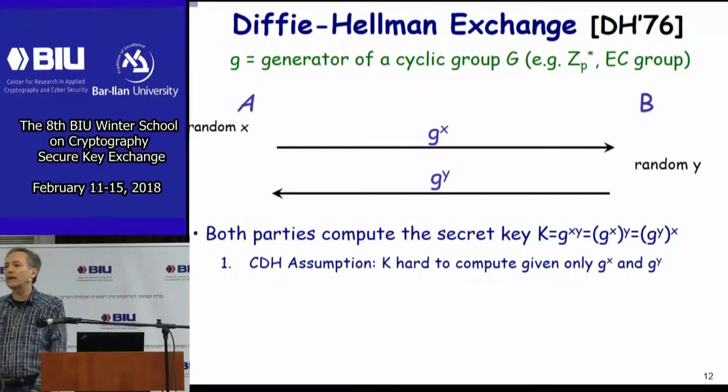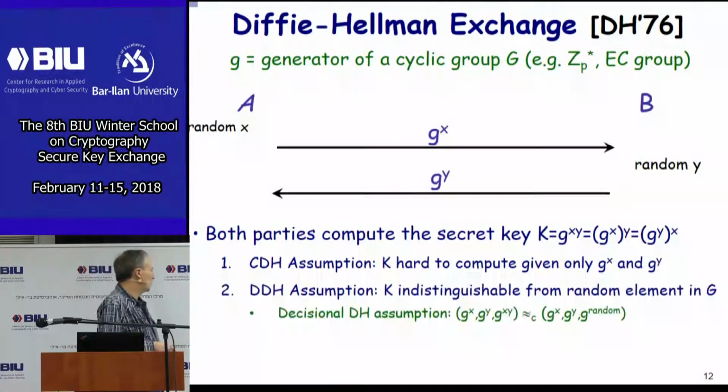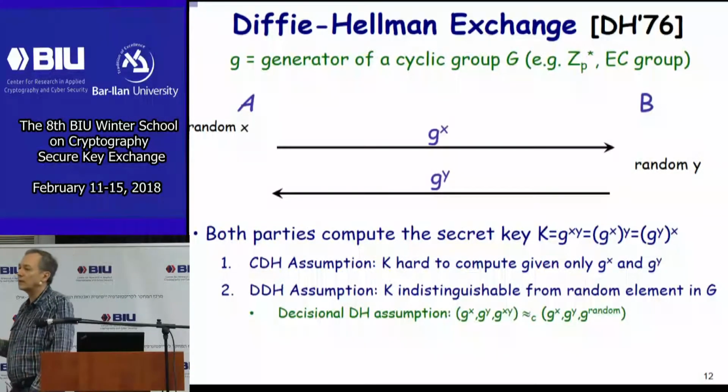Usually just the fact that someone cannot compute the key is not good enough. We want something stronger. We want the key to be indistinguishable from a random value.